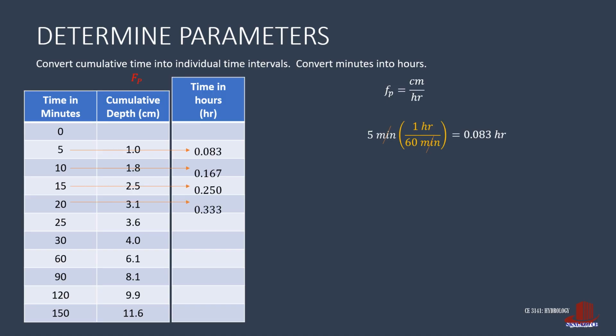Then 25 minutes is 0.417 hour. 30 minutes with the conversion is 0.5 hour, and 60 minutes is exactly 1 hour. 90 minutes is 1.5 hours, with 120 minutes as 2 hours. Then lastly, 150 minutes is 2.5 hours.